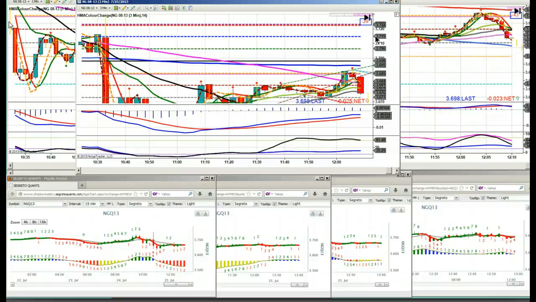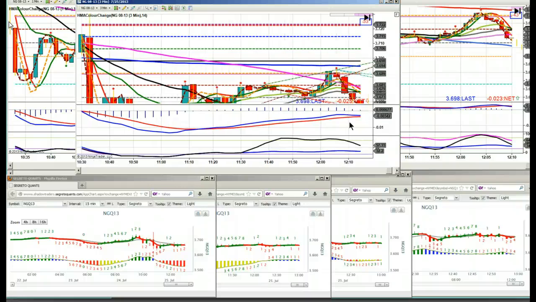So here we have a 1-minute chart and a 3-minute chart. Now, what I strongly suggest when you're looking to enter a trade, whether it be a trend trade or a counter trend trade, let's look at these two examples for a second.